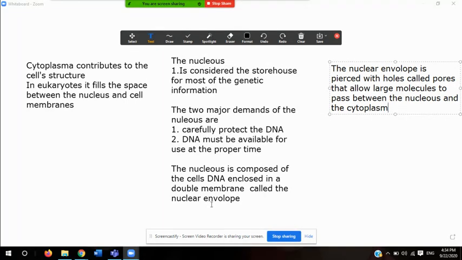Third, the nucleus is composed of the cell's DNA enclosed in a nuclear envelope, which is pierced with holes called pores that allow large molecules to pass between the nucleus and the cytoplasm.